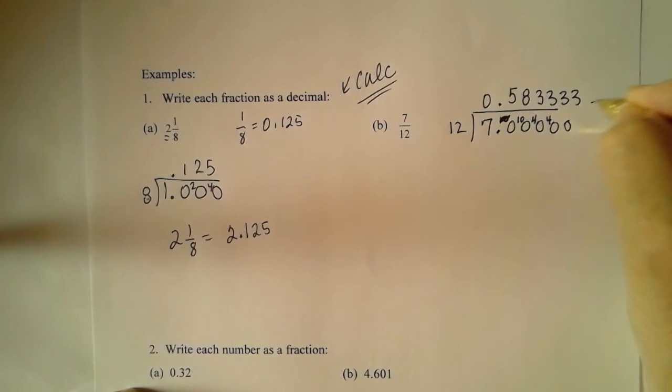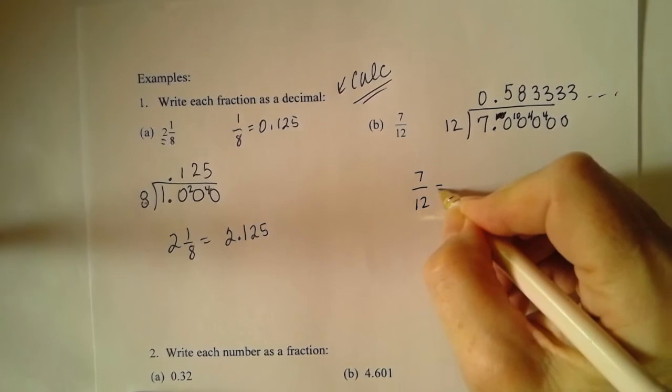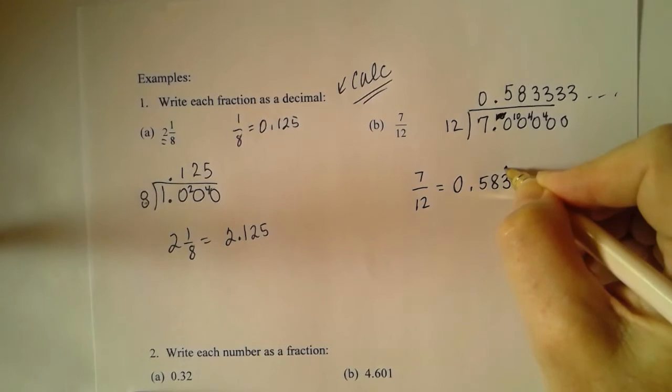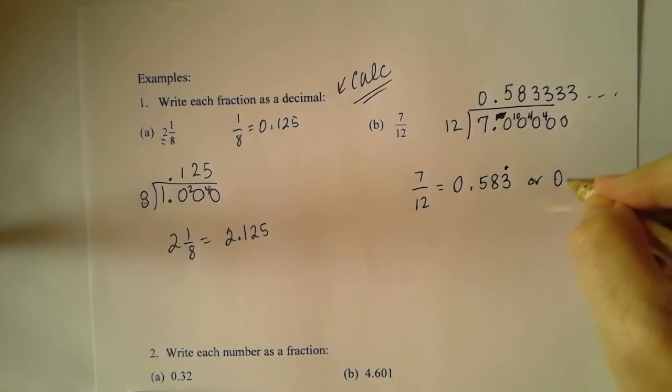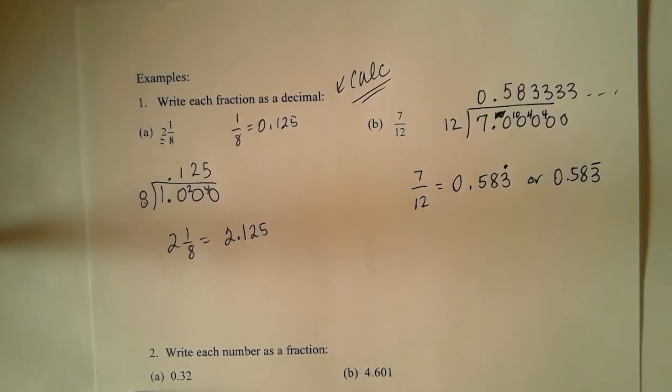And you can check that on your calculator. Now, how to write a repeating decimal? 7/12 equals 0.583 with a dot over the 3, or you can write 0.583 with a line over the 3, but we don't write 0.58333333 and then just stop. One of those two is fine.